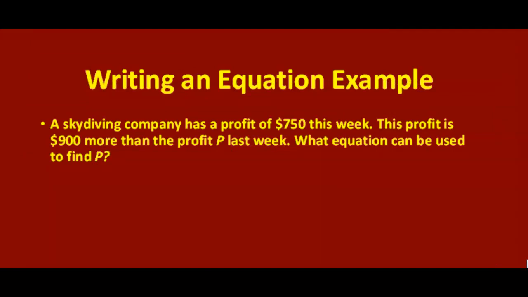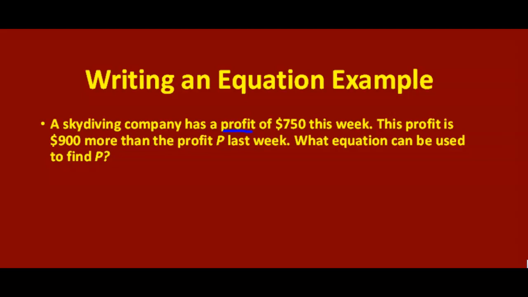A skydiving company has a profit of $750 this week. This profit is $900 more than the profit from last week. What equation can be used to find P? Well, let's first understand this problem. This week, we have a profit, which means we're in the positive range of $750.